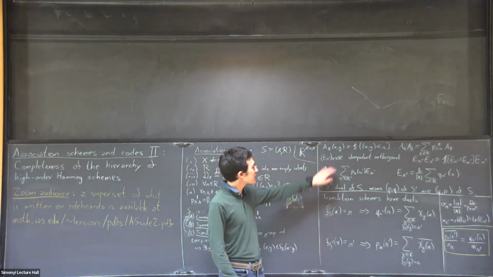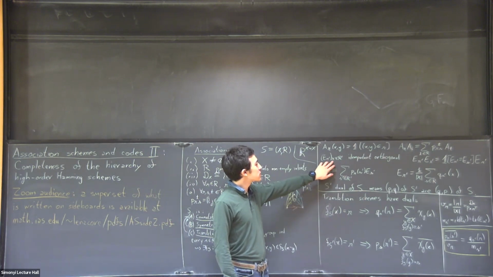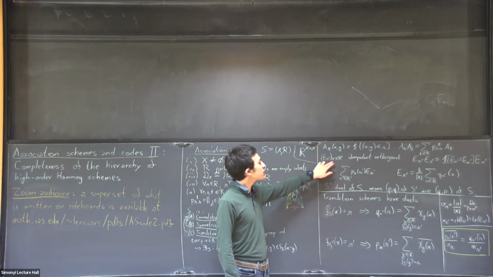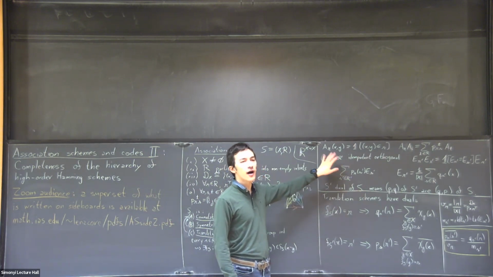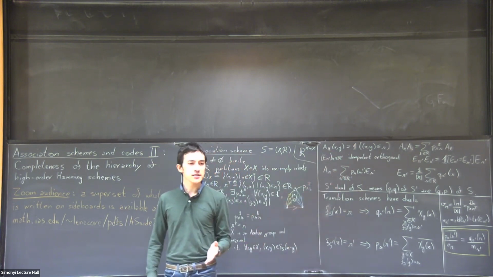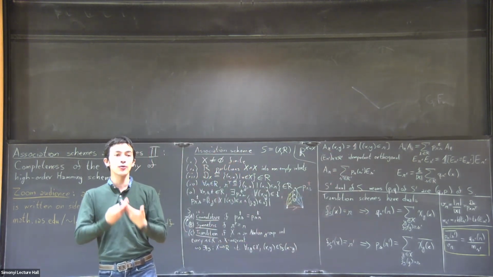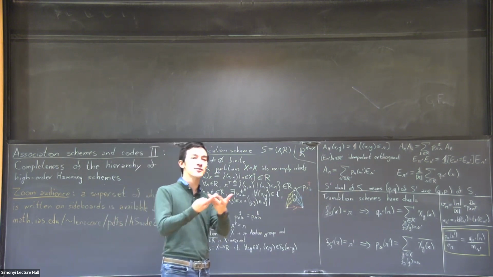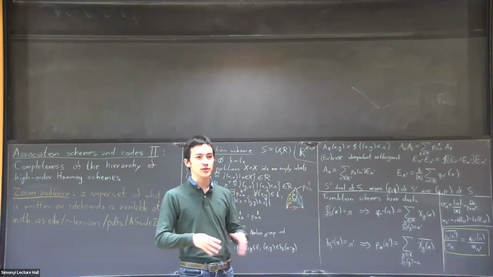So the idea is that I did this weird thing where I indexed this by R prime, whatever this R prime is, and the way that you want to think of it is as a dual relation. So it is related to this weird partition.